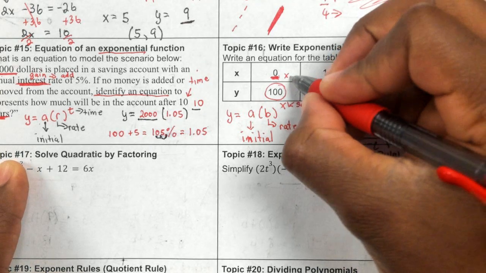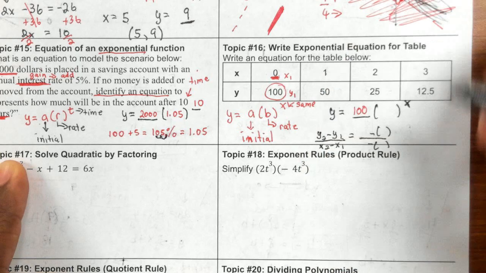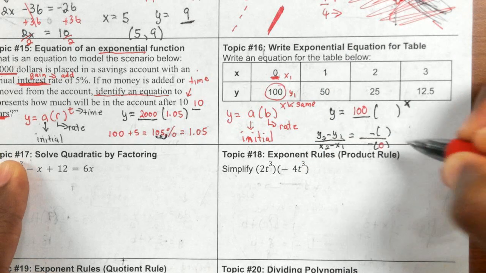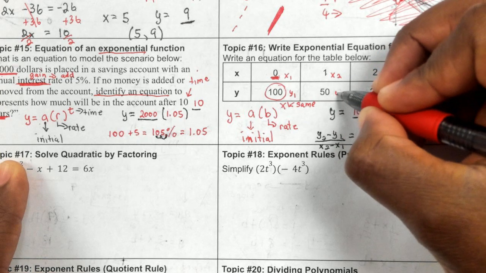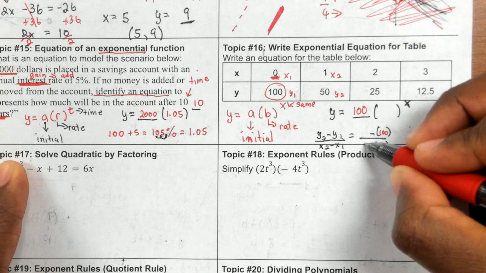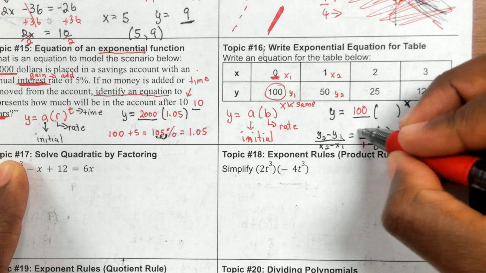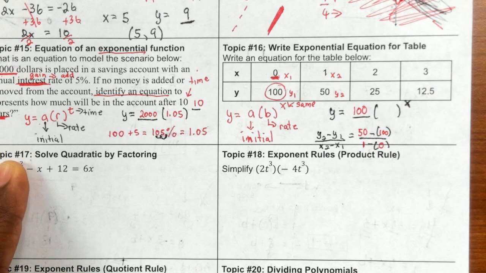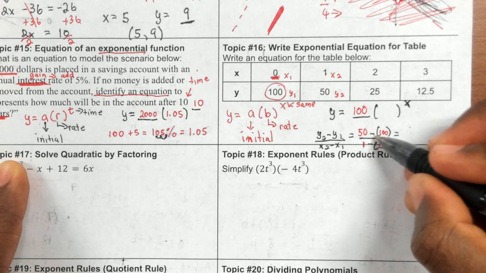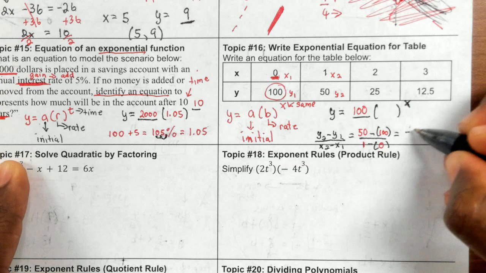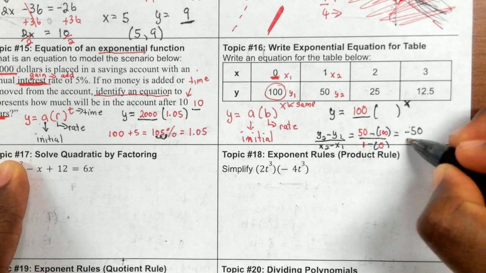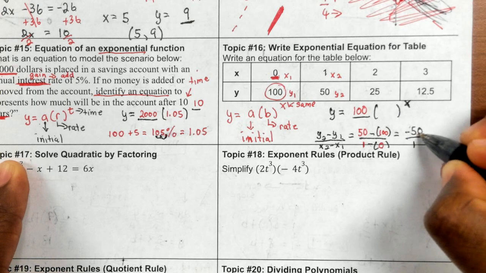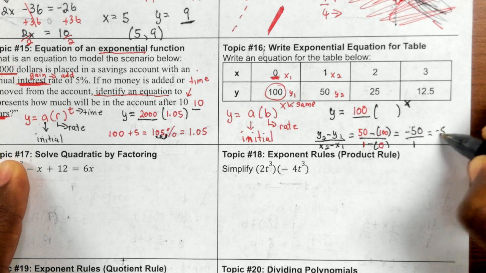You know this is your x1, y1, so x1 goes here, y1 goes on top of it. This is your x2, y2, so x2 goes down here, y2 goes on top of it. Now I'm going to calculate: 50 minus 100 is negative 50, and then 1 minus 0 is 1, and negative 50 divided by 1 is negative 50.